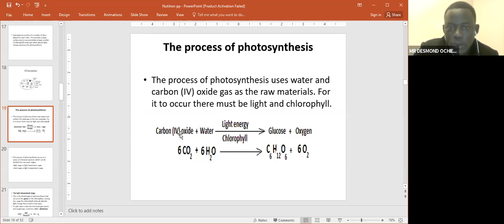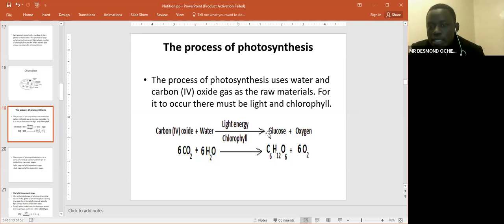If you look at this equation here, which is the equation for photosynthesis, on this side we have the reactants. The reactants show the raw materials required for the process of photosynthesis to occur, and this is carbon dioxide and water. And it occurs in the presence of light energy and chlorophyll.